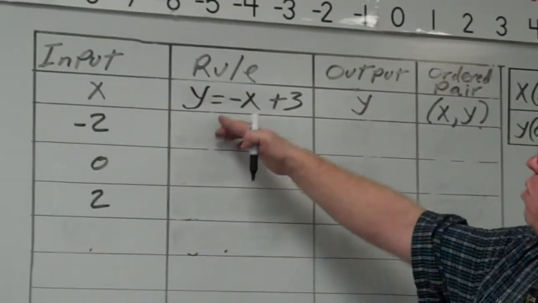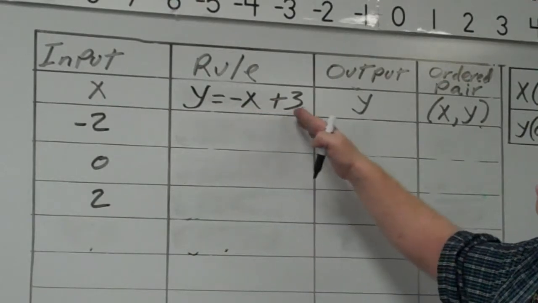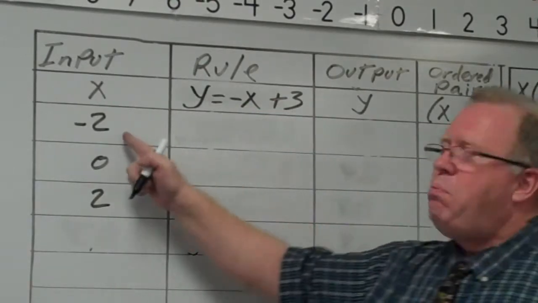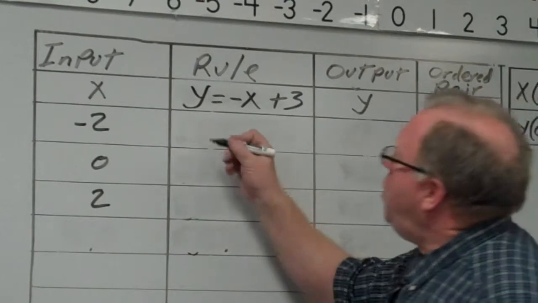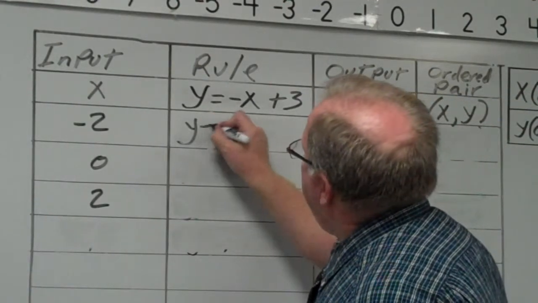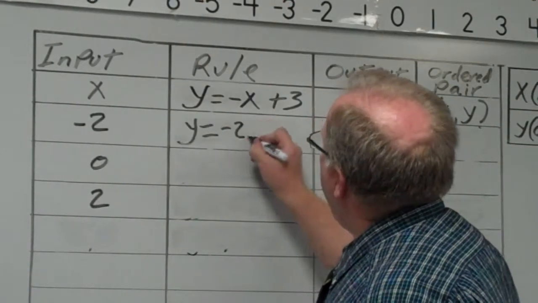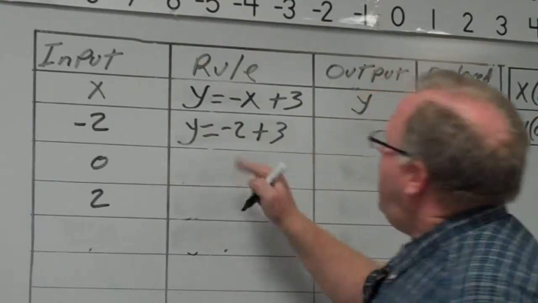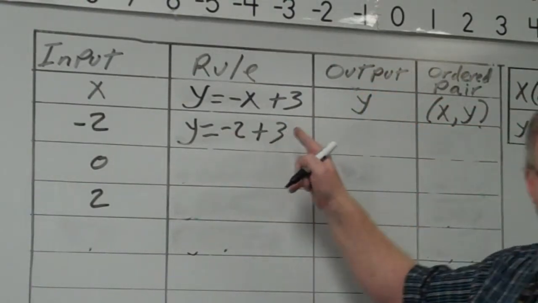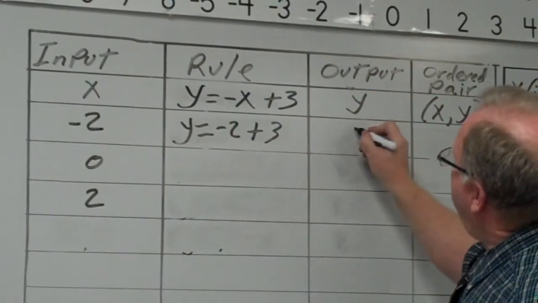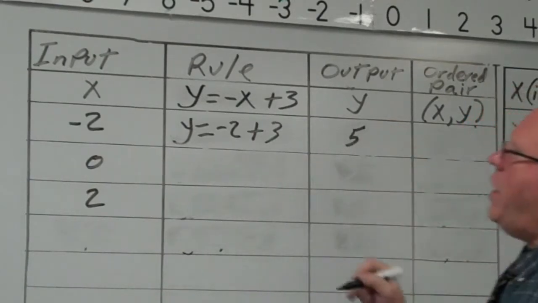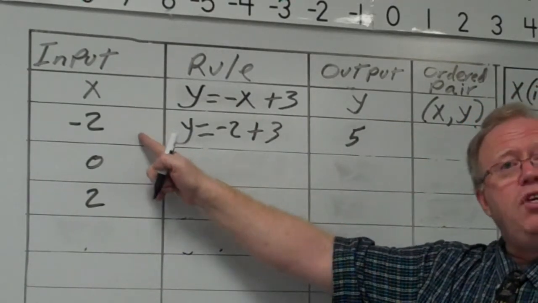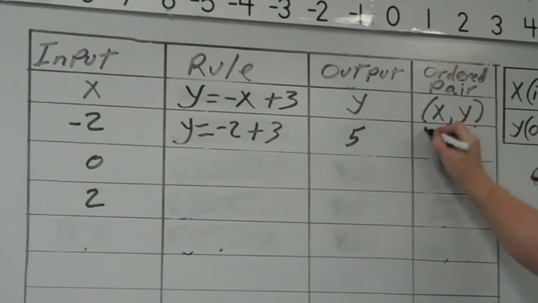So we look at our rule, y equals negative x plus 3. We're going to plug in negative 2 into that. So I'm going to rewrite this as y equals negative (negative 2) plus 3. And that is going to be 5. Okay, so my ordered pair then is negative 2, 5.